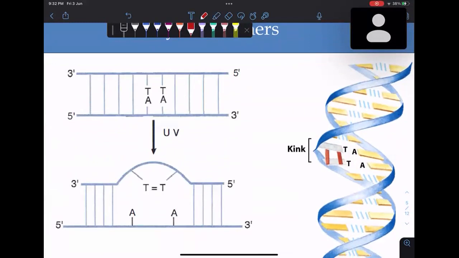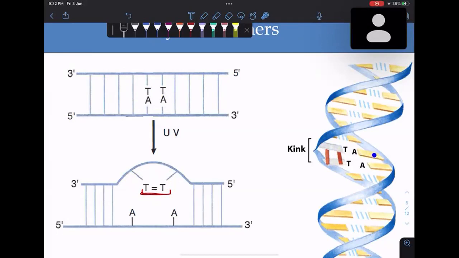They form this kinking of the DNA molecules. As you can see here, the two adjacent nucleotides, the TT next to each other, this is what it looks like in the normal cell. And then because of ultraviolet light or some abnormality, these two thymine molecules link together, form a bond, and then form a dimer. And that happens between two adjacent nucleotides, right next to each other, not parallel.